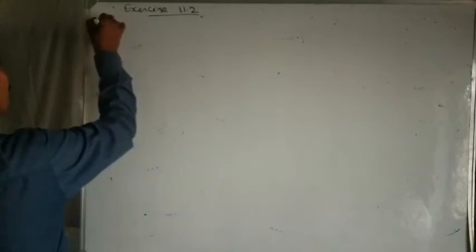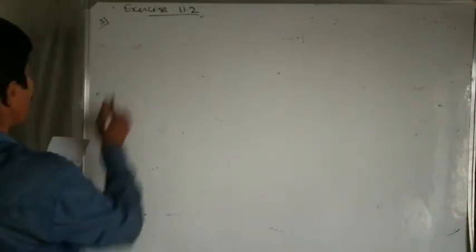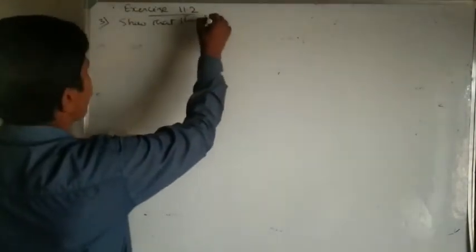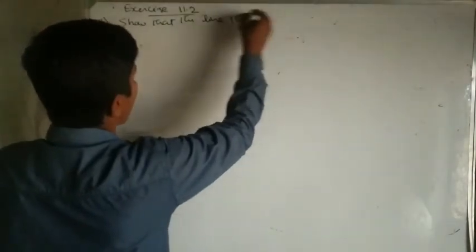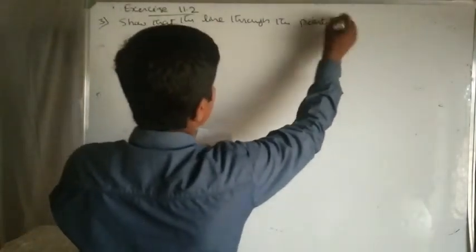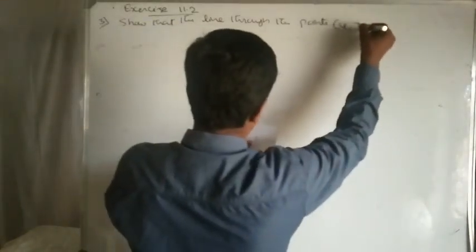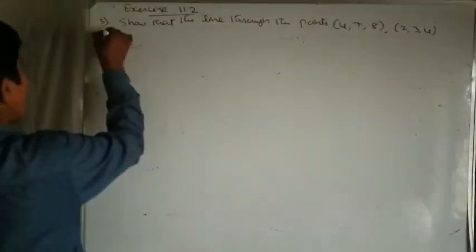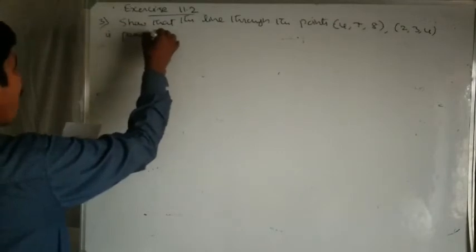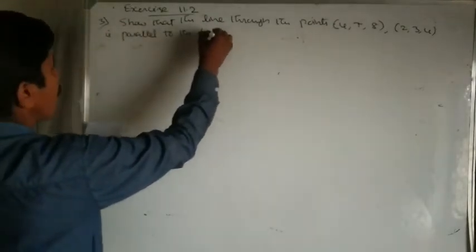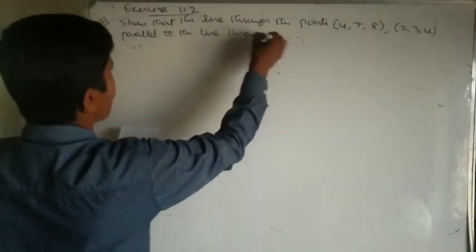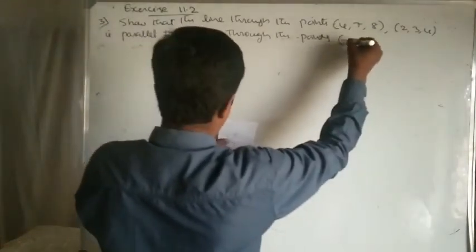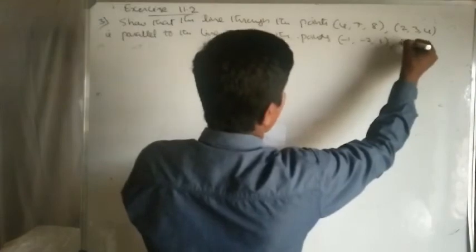Third problem. Show that the line through the points 4, 7, 8 and 2, 3, 4 is parallel to the line through the points minus 1, minus 2, 1 and 1, 2, 5.